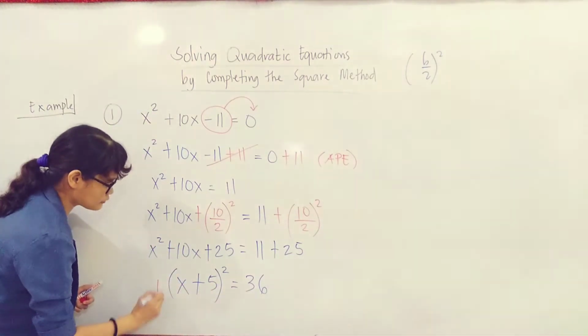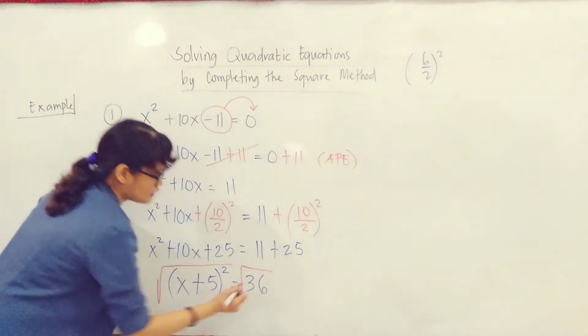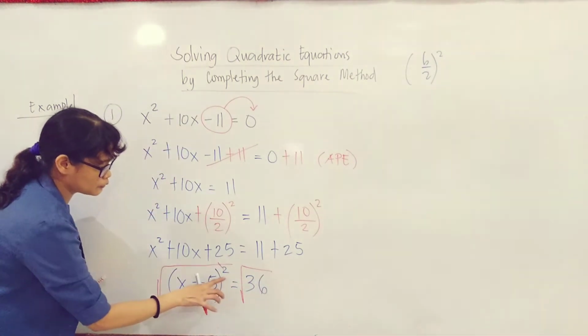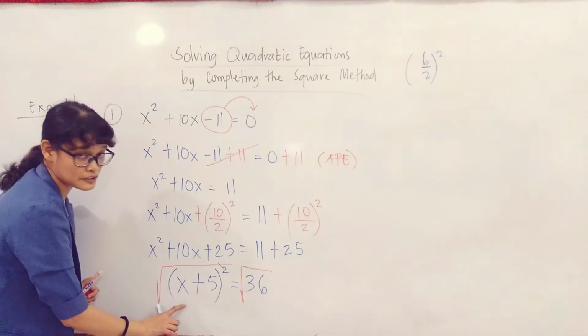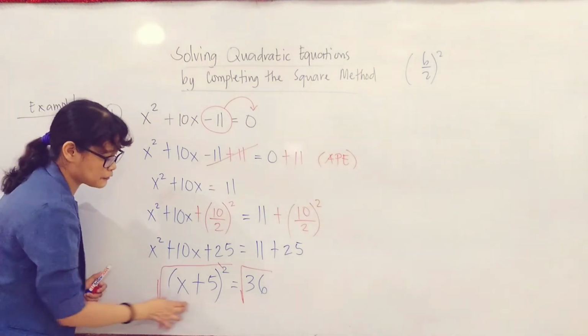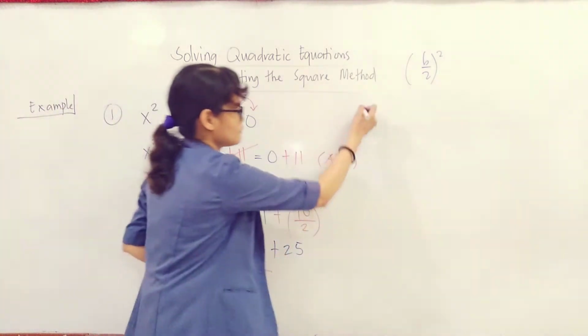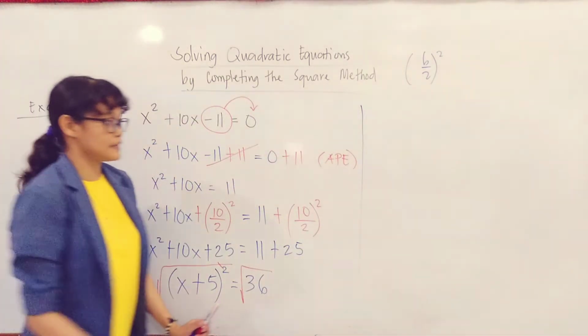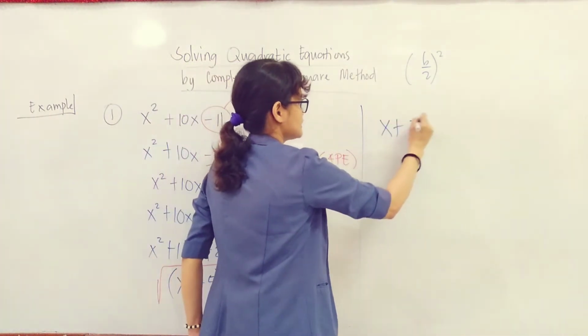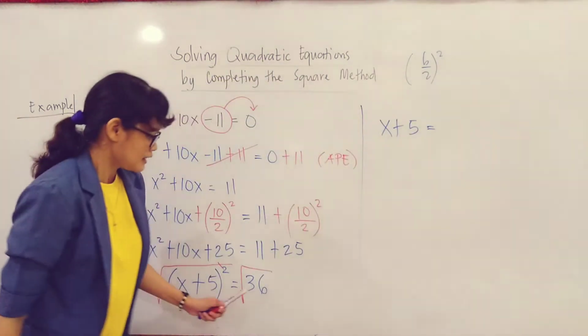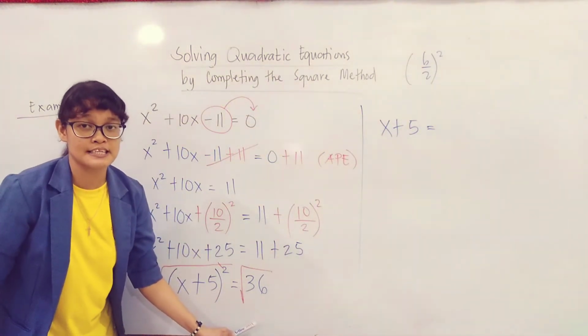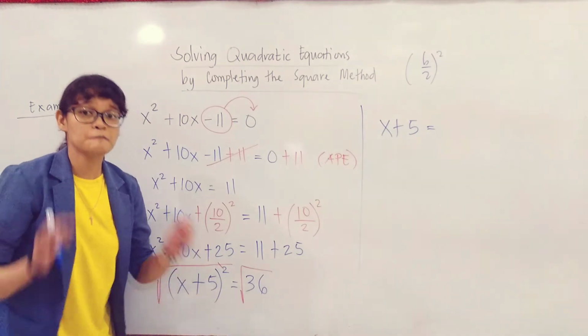So, getting the square root, you just cancel this one out, yung 2 na exponent saka itong radical. So, just bring down whatever the binomial is inside the parentheses. So you have x plus 5 equal to, what is the square root of 36? It is equal to 6.